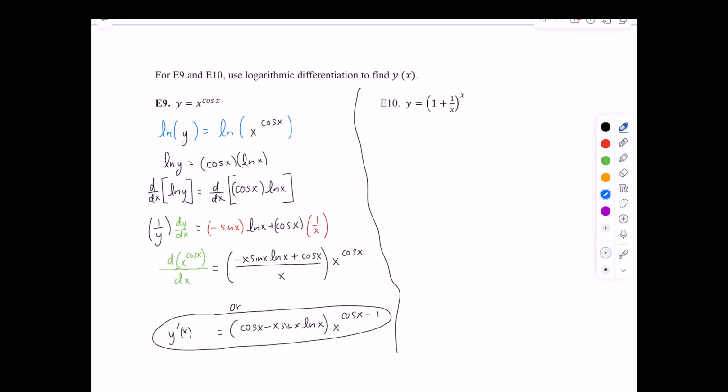If you want to attempt example 10 on your own, simply pause the video and try it yourself. And when you need to check your answer, go ahead and unpause the video.